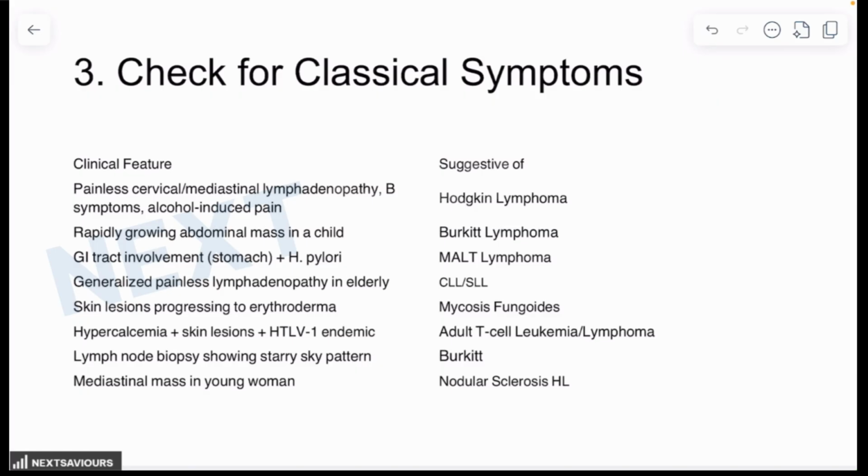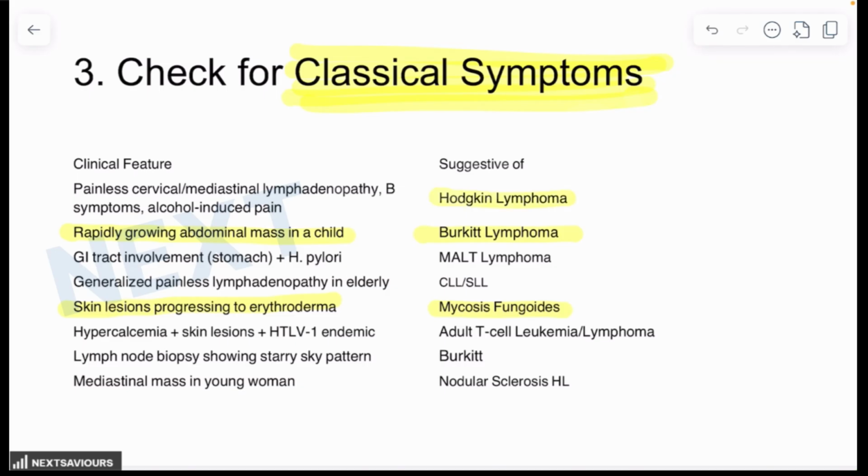Now, the second part obviously is to look for the classical symptoms, if provided to you in that particular question. For example, for mycosis fungoides, there has to be a skin lesion progressing all the way up to erythroderma. In case of Burkitt's lymphoma, there has to be a rapidly growing abdominal mass in a child for sporadic cases.